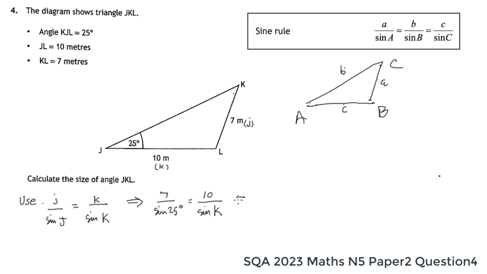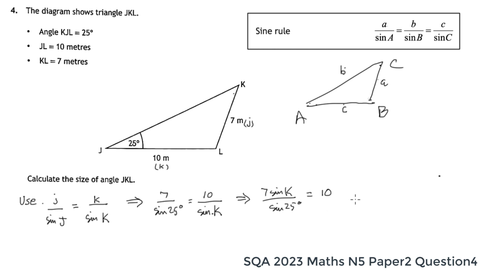So let's do some manoeuvring here. Let's get rid of this divide by sine K by multiplying both sides by sine K. So this multiplied by sine K, the sine K will appear on the top of the fraction, divided by sine 25, equals, and we've got rid of that divide by sine K. Now again, let's get rid of this divide by sine 25.